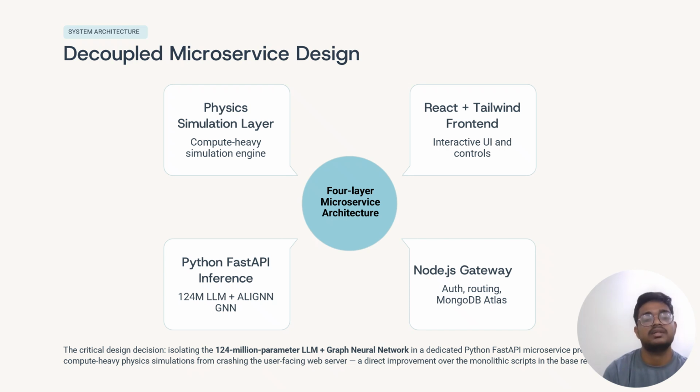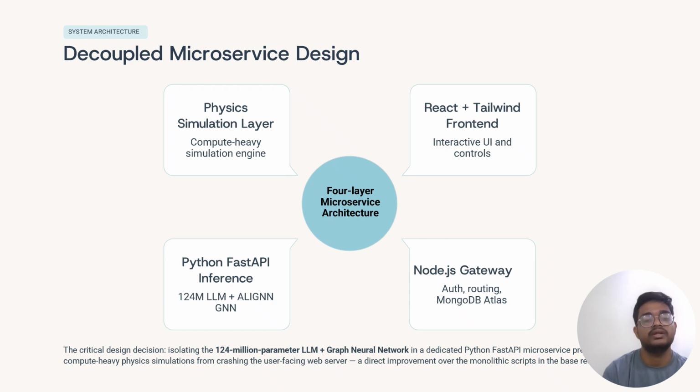AI inference layer: the third layer contains the heart of the system. A Python FastAPI service hosts a 124 million parameter language model and a graph neural network. This layer performs the crystal generation and evaluation. Physical simulation layer: the final layer performs computationally intensive simulations and validation.